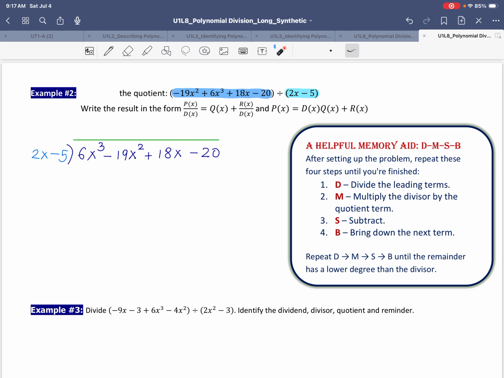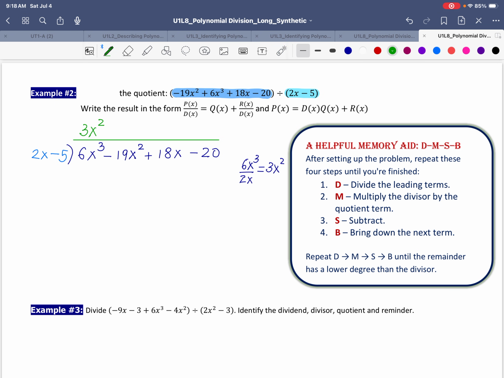So we're gonna look at 2x and 6x cubed, and we're gonna say that 2x goes into 6x cubed. Let's divide. 6 divided by 2 is 3, x cubed divided by x to the power 1 is x squared. So we're going to write 3x squared here.